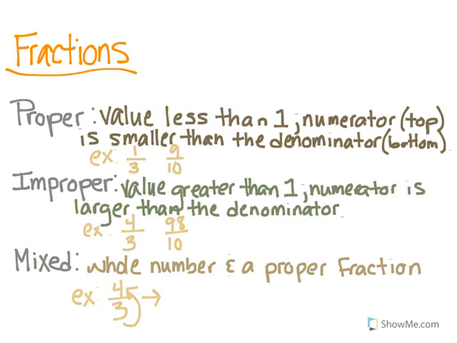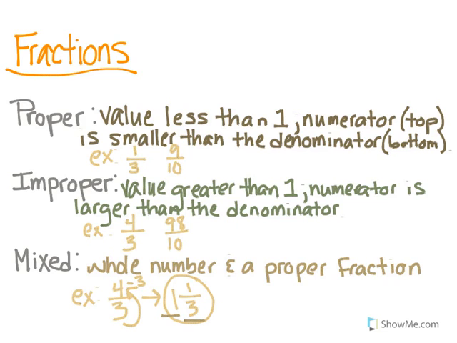Now, you learned how to do this previously, so I'm not going to go into the mechanics of this. But 3 goes into 4 one whole time. So if I were to rewrite that and take 3 from the numerator, because I just took it out there, then I would be left with 1 in the numerator, and the denominator stays the same. This is the mixed number. Notice that there's a whole number, that's the 1, and then we have the proper fraction, the 1/3.